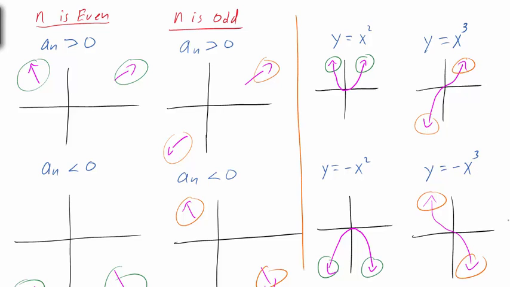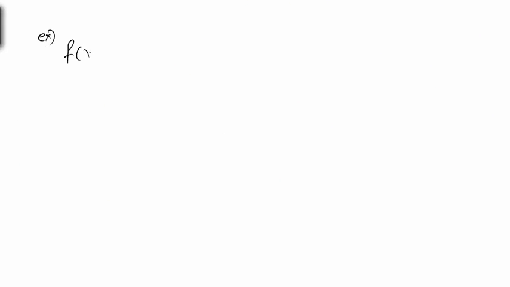So for an example, let's see if we can apply the leading coefficient test to the given function. Let's say that I give you the function f of x equals negative x to the fourth plus 7x cubed plus 15x plus 205.